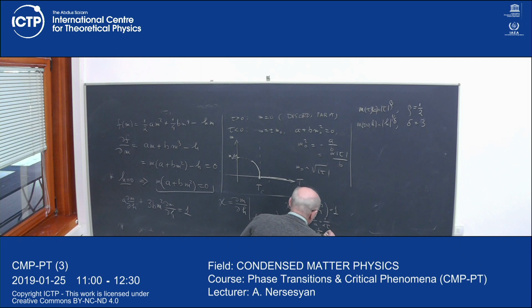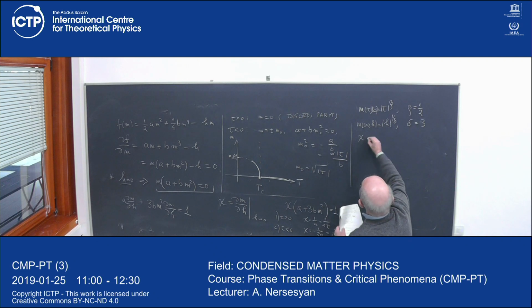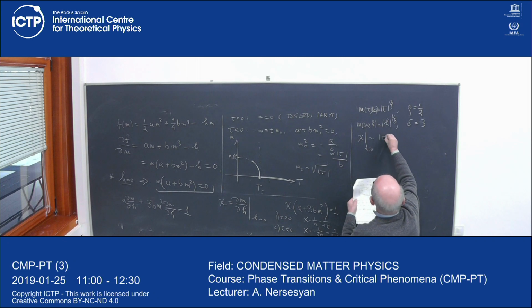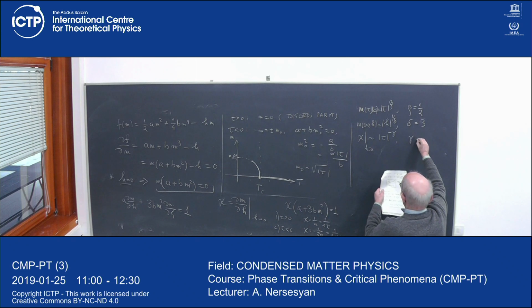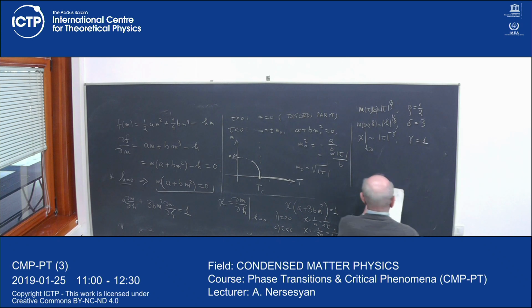A is negative, so therefore it is 1 over 2 alpha times the modulus of tau. So for the susceptibility at the transition at zero field, it goes as tau to the power minus gamma, and in the mean field case, gamma is just simply 1.